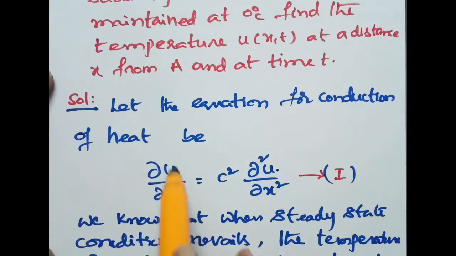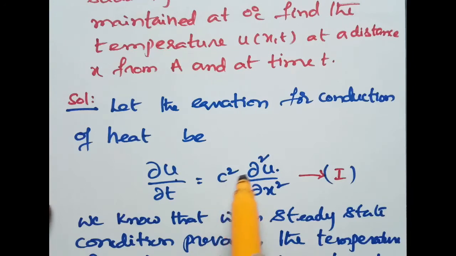Since there is no change in the temperature with respect to time t, this value becomes 0. So u is not a function of t, therefore dou u by dou t is equal to 0. Therefore, c square into dou square u by dou x square equal to 0. By cross multiplication, dou square u by dou x square is equal to 0 by c square, that is 0.